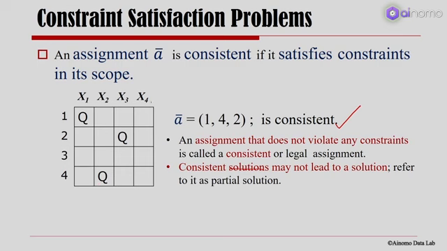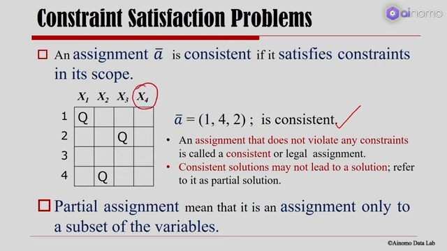So, we are not able to arrive at a solution even if initially this assignment up to the third queen was consistent. Such an assignment is called a partial assignment or a partial solution. A partial assignment is one that is an assignment only to a subset of the variables. In this case, we could assign only up to x3 and we could not do for x4.